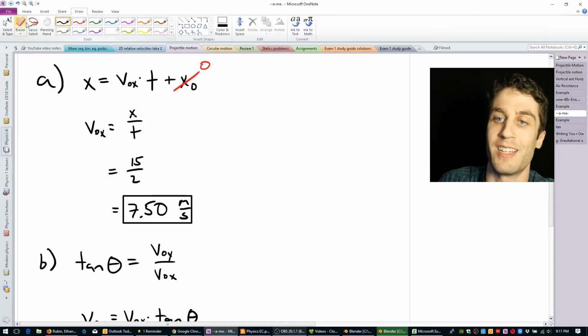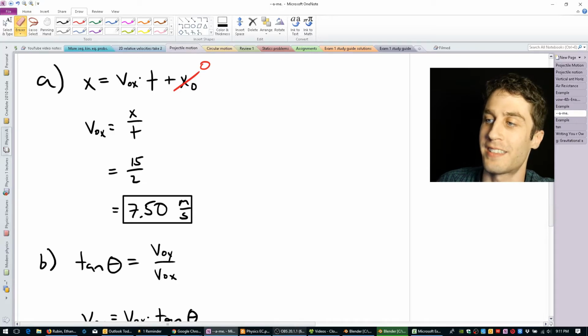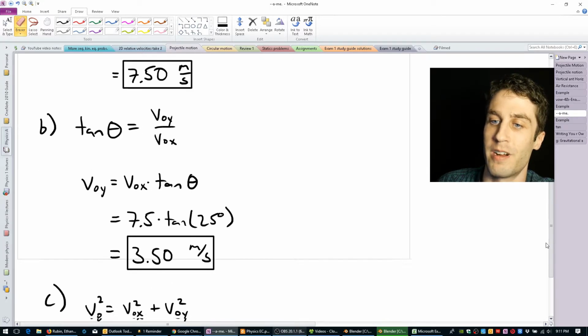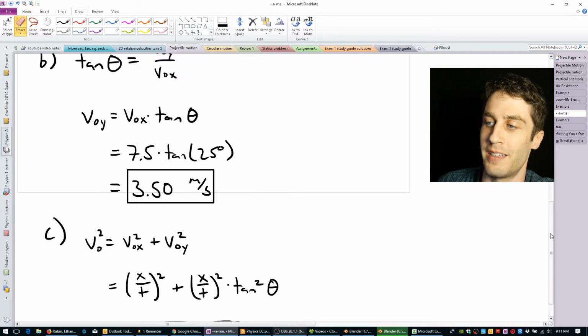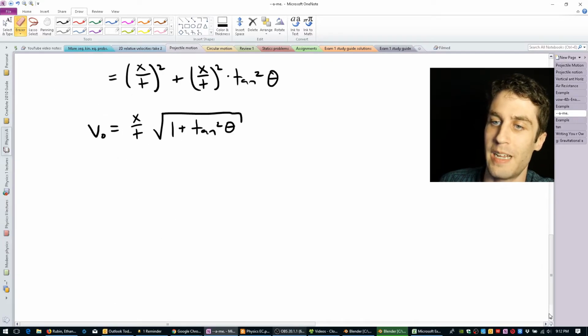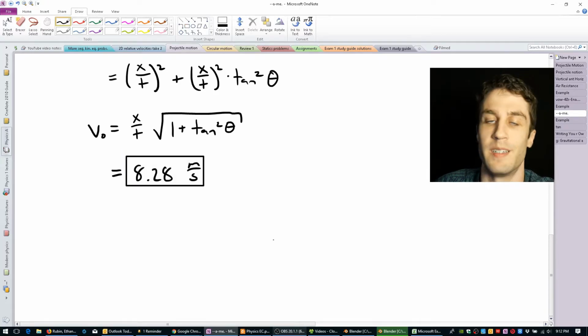You could just as well take v naught x, square it, add v naught y squared, and then square root it, and proceed numerically. Now the point is that what you'll find is v naught is equal to 8.28 meters per second. There you go.